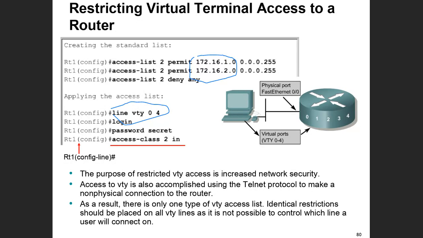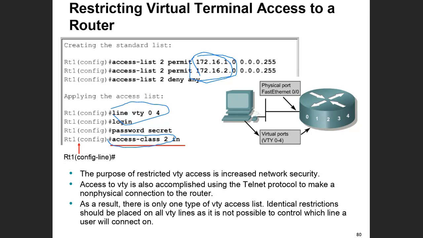Then we add one additional line: under line vty 0 4, login, password cisco, we add access-class 2 in. It's not access-group, it's access-class, slightly different syntax. Thereafter, any attempt to Telnet or secure shell into the device that doesn't come from one of these 512 possible source addresses is denied.